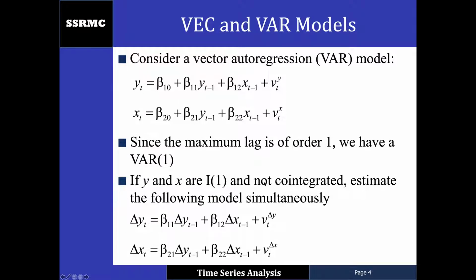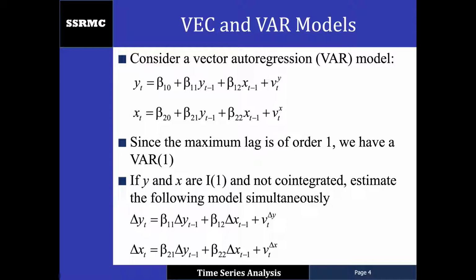So let's look at a vector autoregression model. We have yt, xt. We also have lag terms of both variables in the equations. Because the maximum lag is of order 1, you may notice that we have only t-1 terms in both equations. We have a VAR1 model. If both y and x are I(1) and not cointegrated, we need to estimate the two equations simultaneously as on the slide, at the bottom.